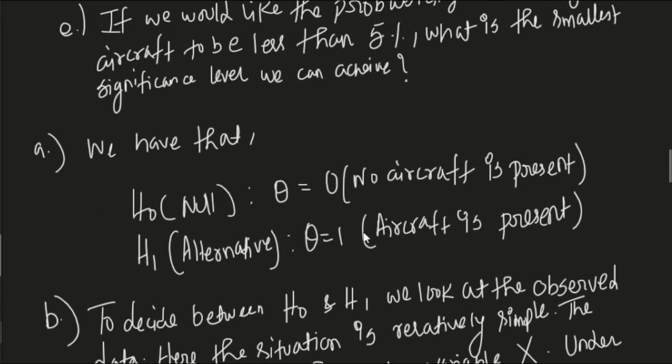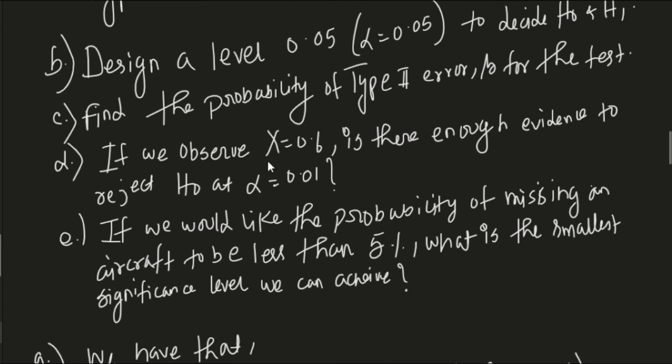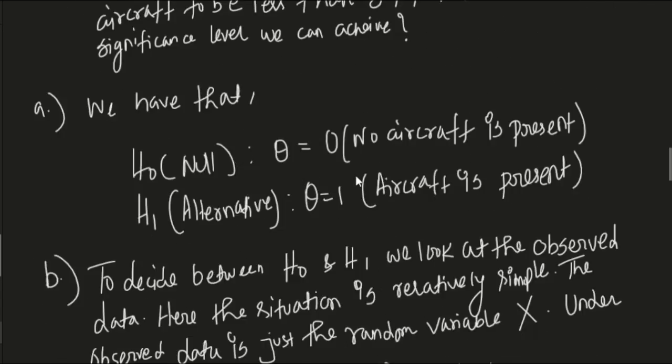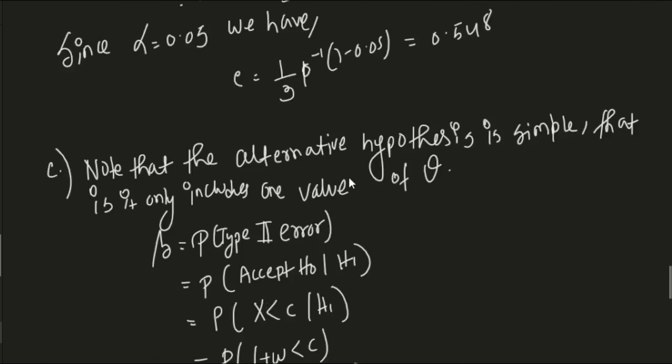So for part D, we see if we observe X equals 0.6, is there enough evidence to reject H naught at the level 0.01? Okay, let's do that.